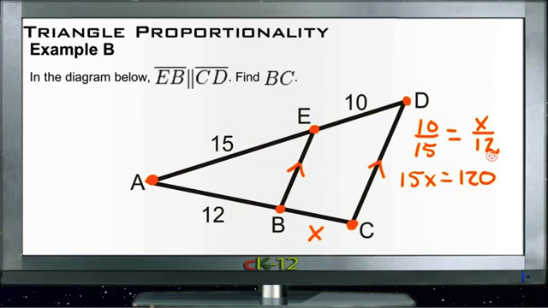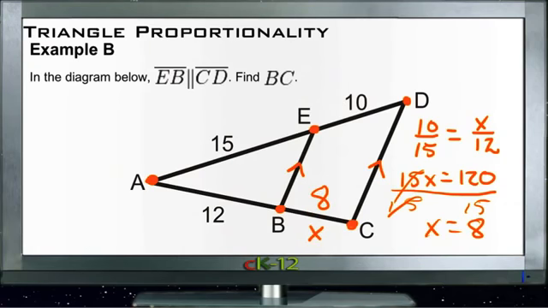And if we divide 120 by 15, and we get our trusty handy-dandy calculator up here, 120 divided by 15, we get 8. So divide both sides here by 15, cancels by 15, gives us X equals 8. So BC then must be 8 units.